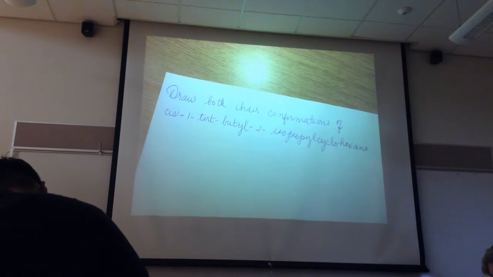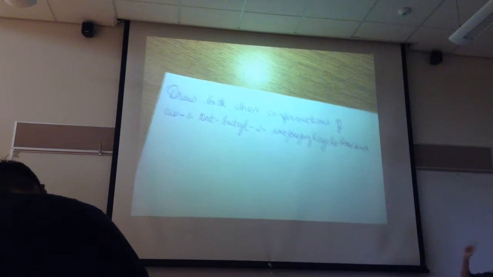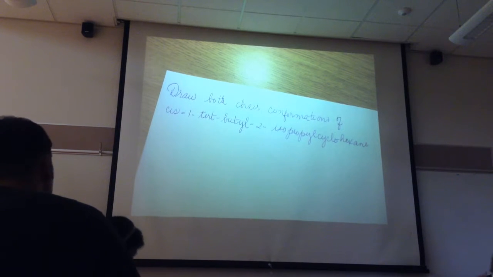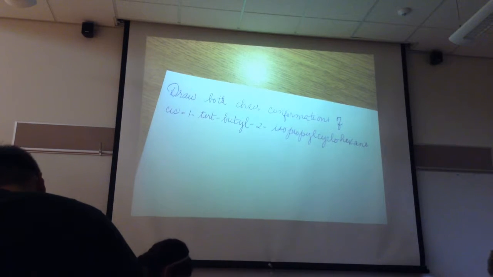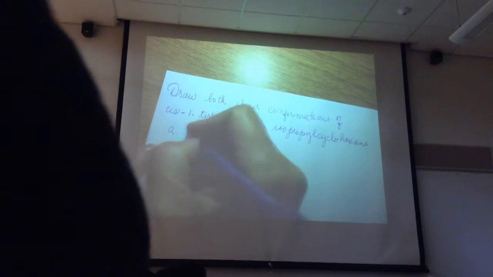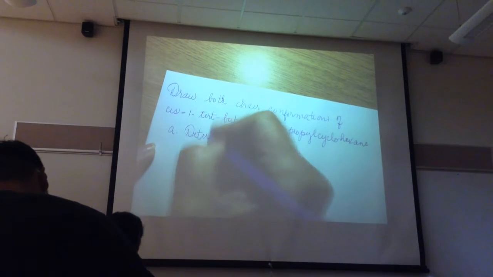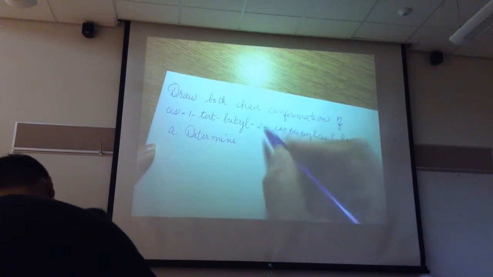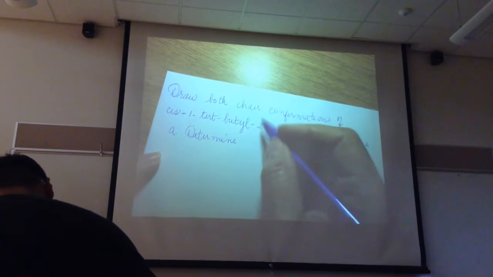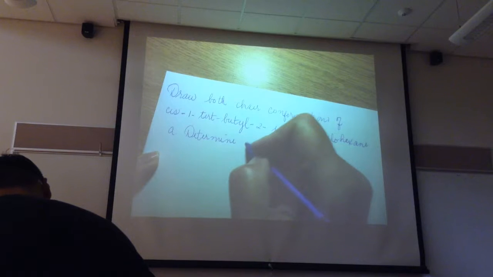We're gonna be drawing chairs, so the first thing that happens is draw both chair conformations of cis 1-terbutyl 2-isopropyl cyclohexane. A, determine which conformer is more stable.